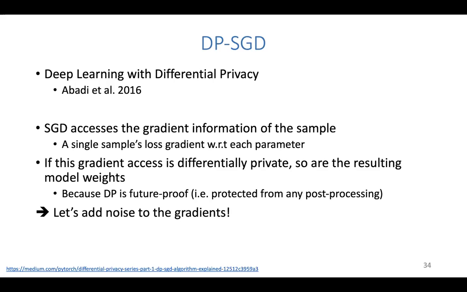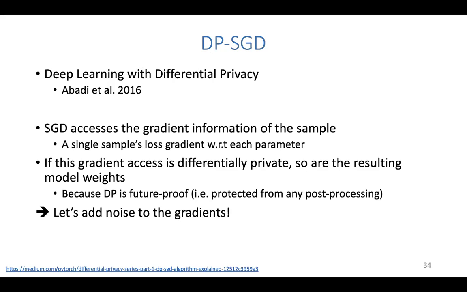There's a paper called Deep Learning with Differential Privacy, published in 2016, which is already 5 years ago, and is a very seminal paper in this domain. So the motivation or the concept behind differentially private SGD: DP-SGD is the differentially private version of SGD.